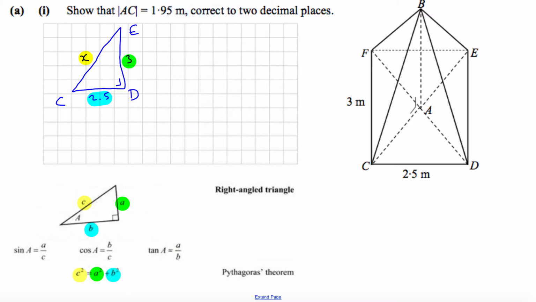So using that color coding, we're going to plug in those values to Pythagoras theorem. So that's going to give us the yellow squared, which is x squared, is equal to the green squared, which is 3, plus the blue squared.